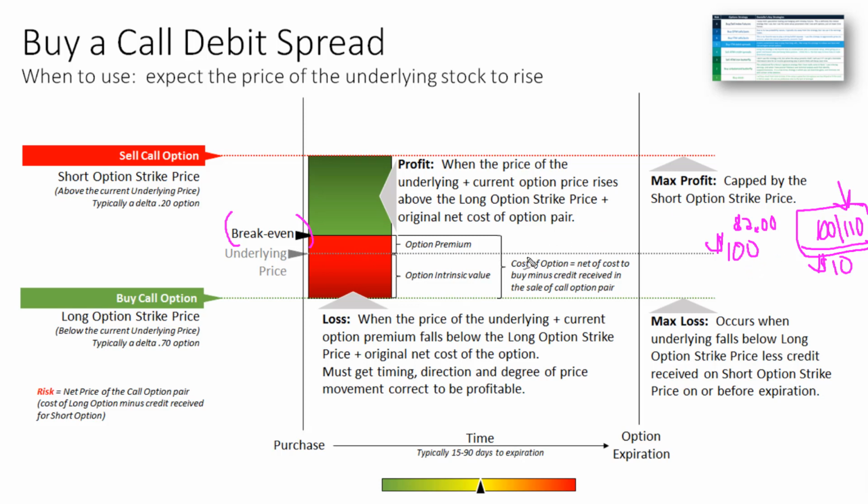Once it starts going over the value of $2, like let's say it's worth $3 and then $4, now it's worth twice what you paid. But if it goes below $2, then you're losing money, right? Because you paid $2, and if it's only worth $1.50, you're losing money. Does that all make sense?